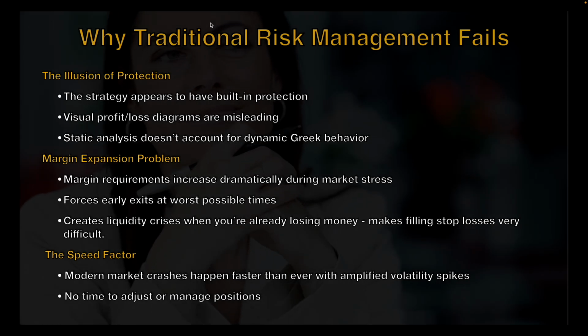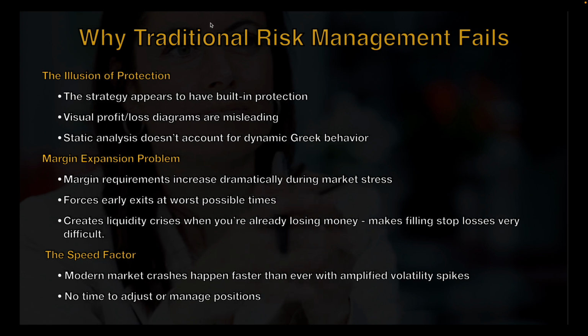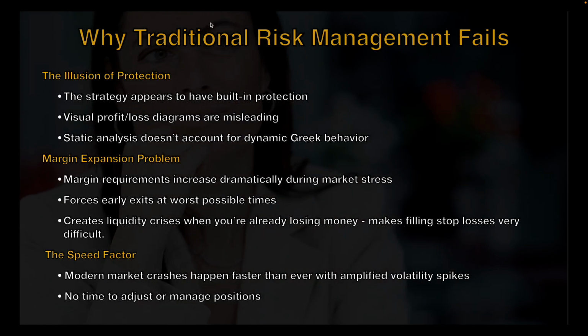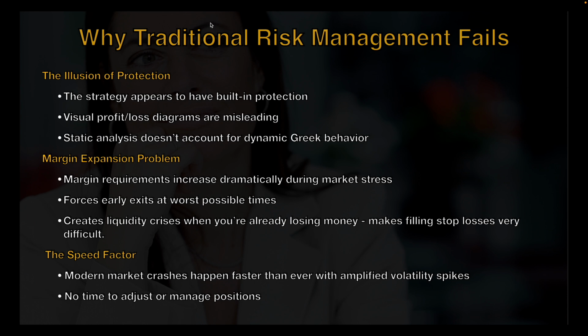First, you have the illusion of protection. The strategy appears to have built-in protection, and visual profit loss diagrams are misleading. And analysis is done statically and doesn't account for dynamic Greek behavior. Next, you have margin expansion problems. Margin requirements increase dramatically during market stress.